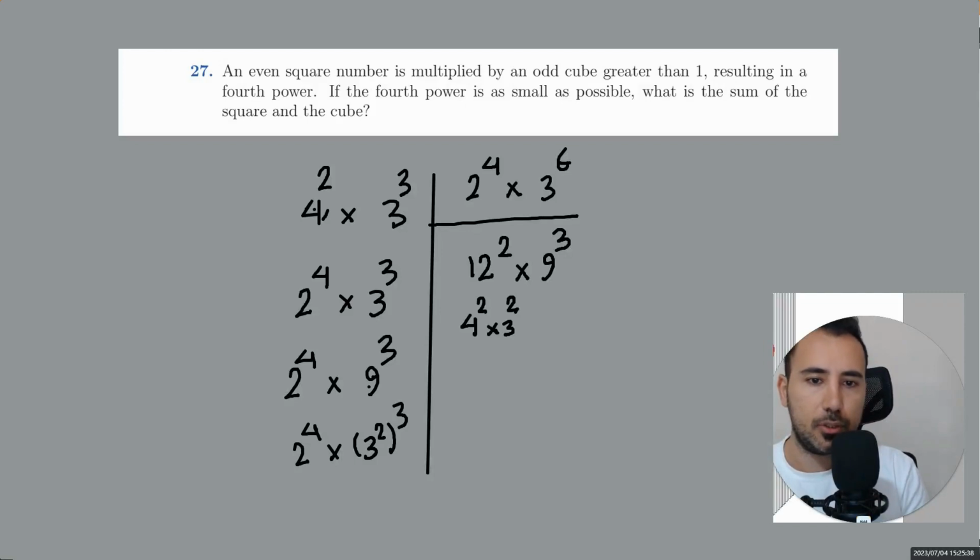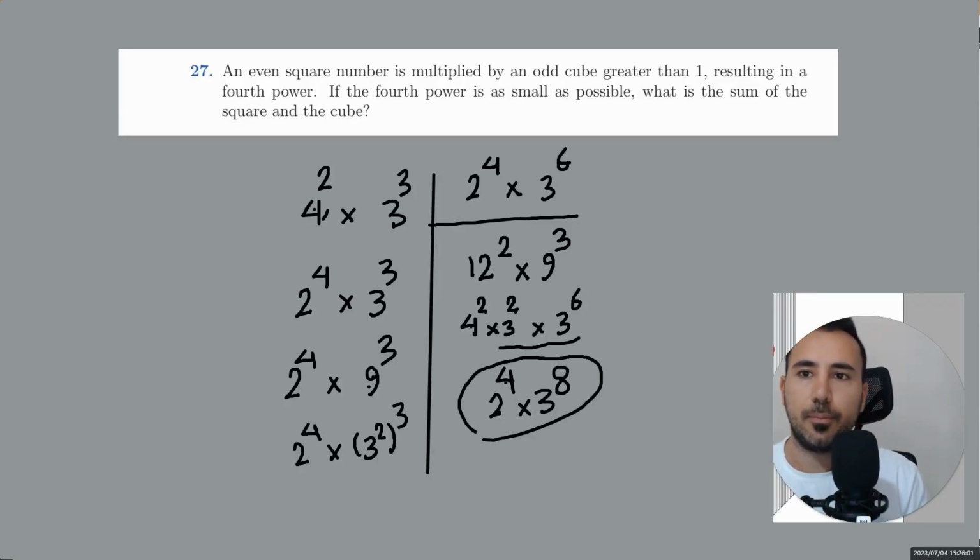This is the same as 3 to the 6th power. There you go. We got it. So this is 3 to the 8th power. 4 squared is the same as, we showed it here, 2 to the 4th power. 4 is divisible by 4. 8 is also divisible by 4. So this is the right answer.